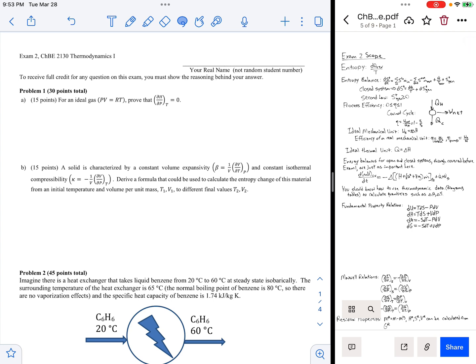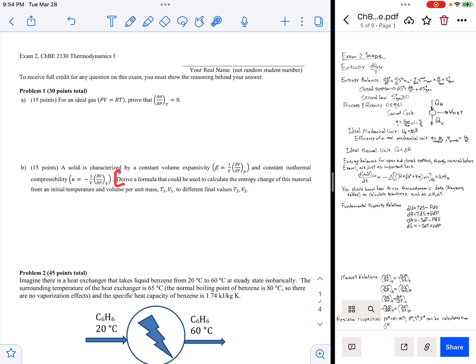So problem 1 is a thermocalculus problem. In this, we're asked, for an ideal gas, prove that dH/dP is equal to 0. And then you're given a solid characterized by a volume expansivity and an isothermal compressibility.